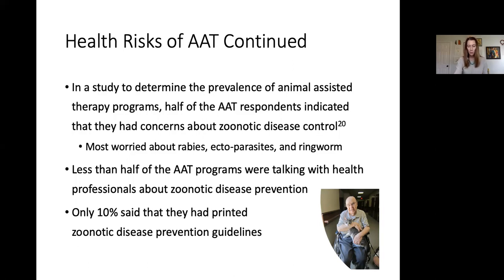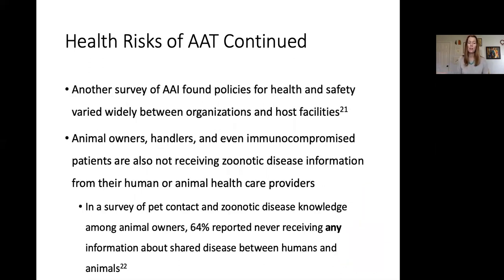In fact, there was a study done among animal-assisted therapy programs, and respondents said that although they were concerned about zoonotic disease control, they were only aware of a few pathogens that could cause infection, and they were just thinking about rabies, ringworm, and some diseases caused by ticks and fleas. So they weren't even thinking about those diarrheal diseases.